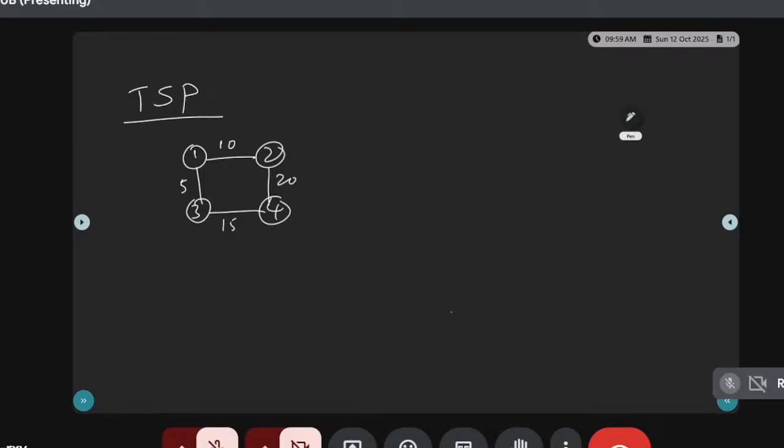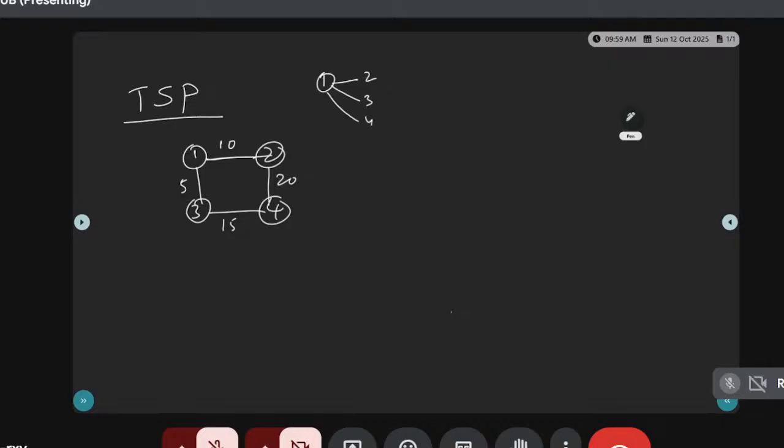If his journey started with node 1 or station 1, definitely he has to deliver to 2, 3, 4, all items; he has to visit all the stations. So 1 to 2 you can go, 1 to 3 we can go directly, right? So definitely 1 to 2 or 1 to 3, 1 to 4 has to go, but there is no direct path now, but he has to deliver the fourth station's item also.